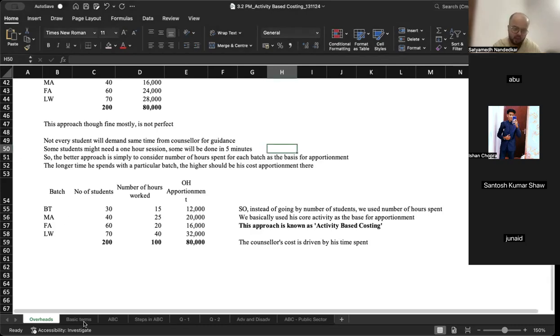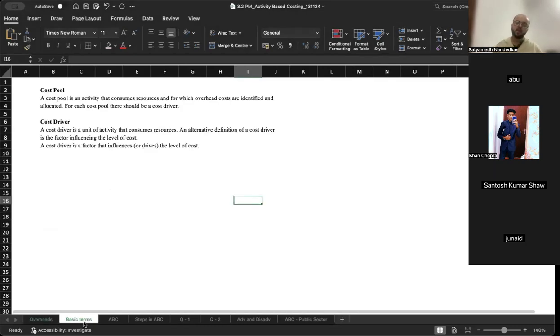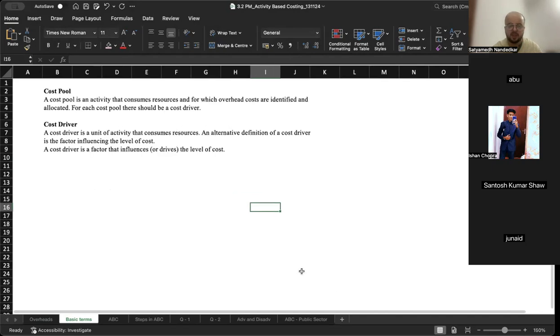Okay, chalo. Two basic terms, cost pool and cost driver. We have discussed these as well. Just have a look at it. Cost driver is an influencer of cost. You guys will understand the term influencer better than anything else.